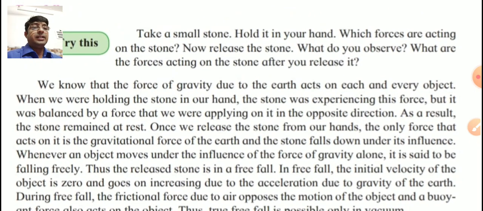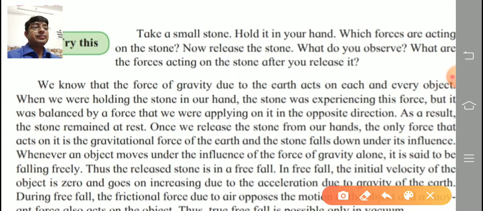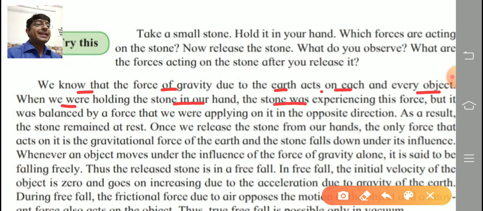We know that the force of gravity due to the earth acts on each and every object. When we were holding the stone in our hand, the stone experienced this force, but it was balanced by a force that we were applying on it in the opposite direction.